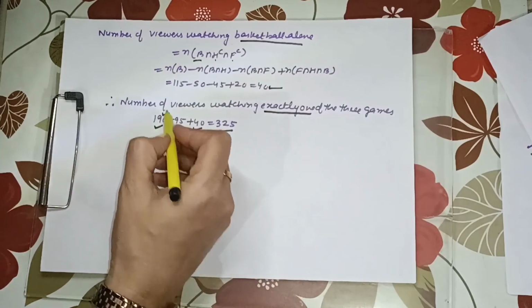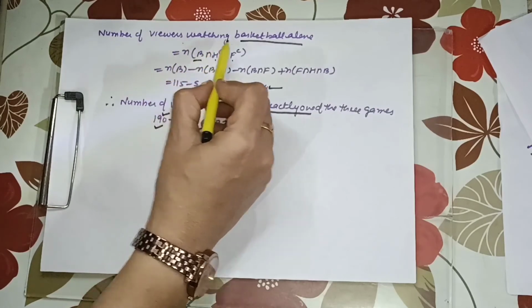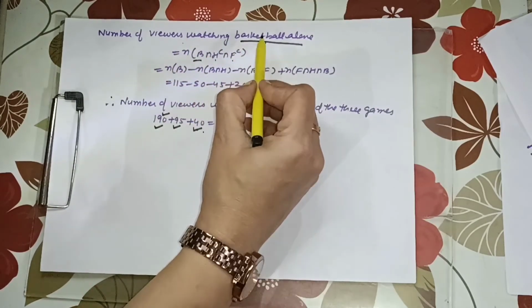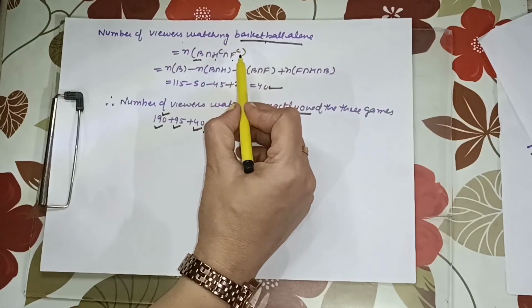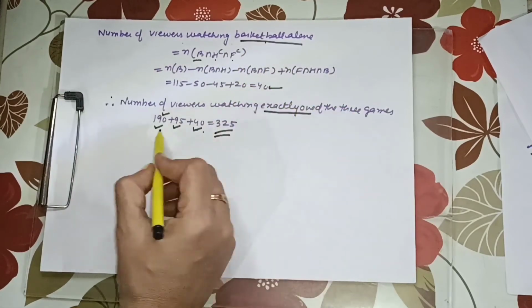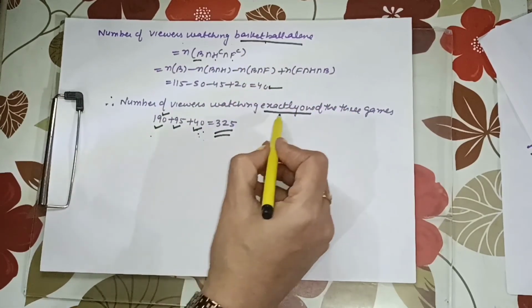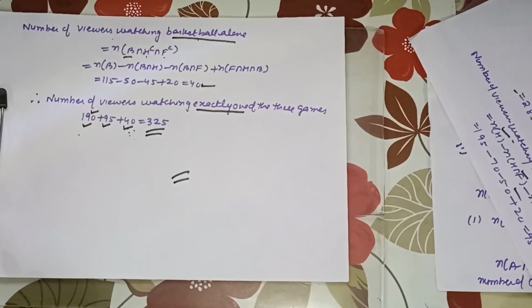That's why we calculated the number of viewers watching basketball alone, hockey alone and football alone. Three steps, and then we can add. This is the answer to the question of exactly one of the three games.